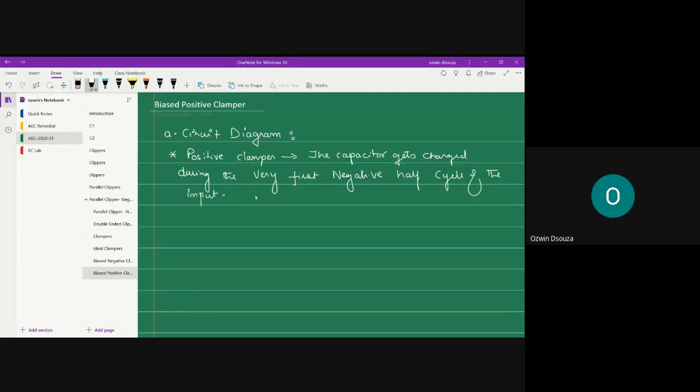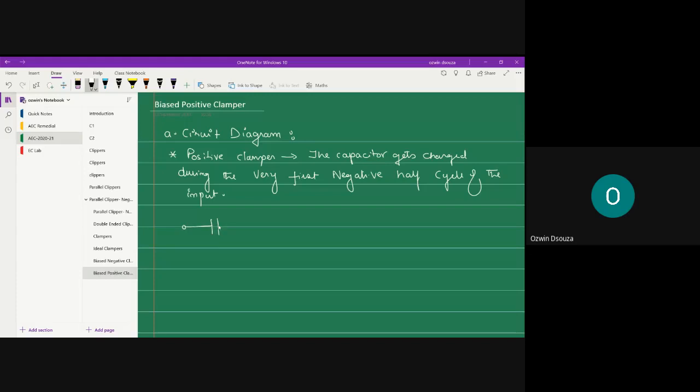So that's the complement of the negative clamper. In negative clamper, the capacitor gets charged for the first positive half cycle. In case of positive clamper, the capacitor is going to get charged for the very first negative half cycle. So that being said, I can go ahead with the circuit diagram.